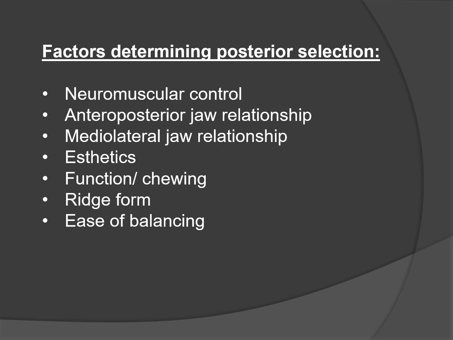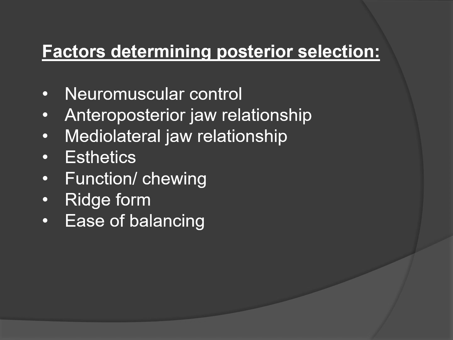The factors that determine the posterior teeth selection include the neuromuscular control, which means patients who have very poor neuromuscular control cannot be given anatomic teeth or semi-anatomic teeth. In these cases, we go for monoplane teeth. Same is the situation where we are not able to record a proper jaw relationship. For example, patients in whom we cannot record a tentative jaw relation or obtain a proper bite, we use flat plane teeth.